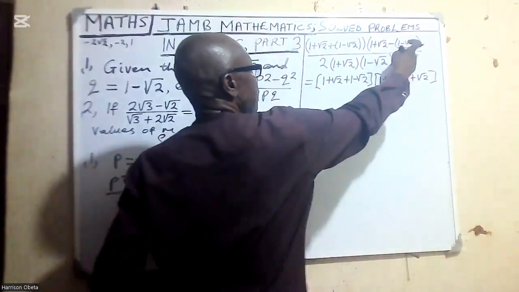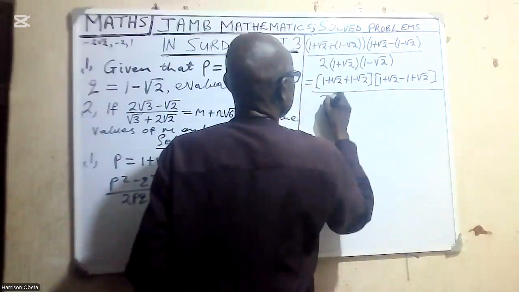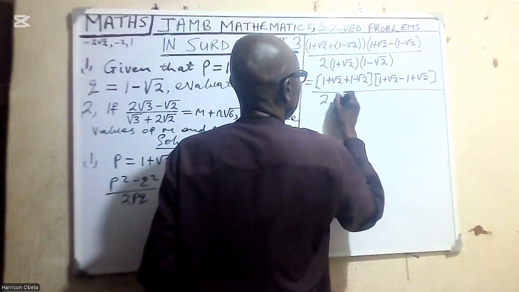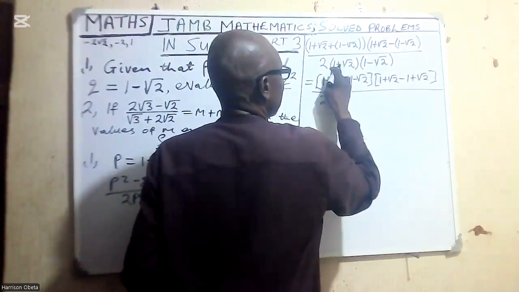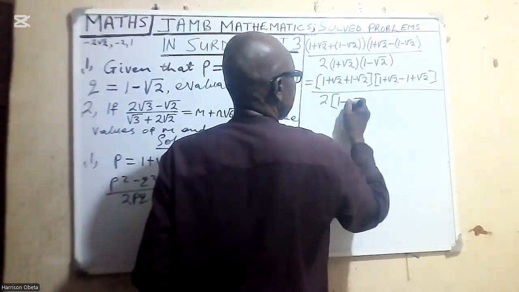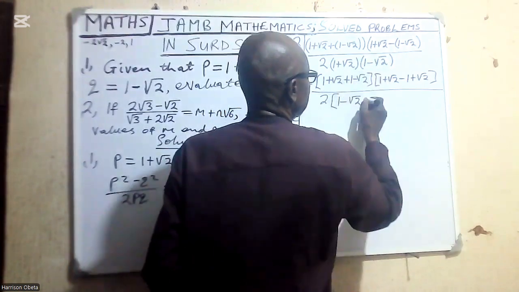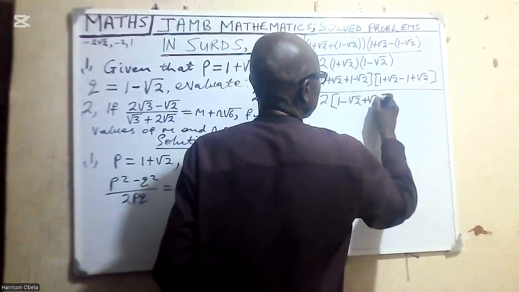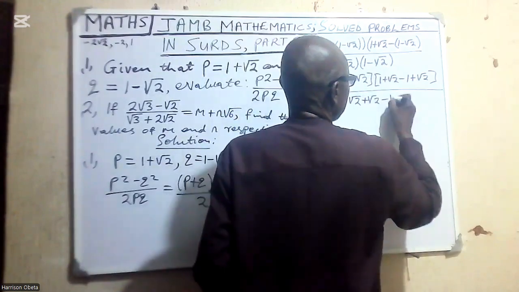This negative here will change this to plus. Everything over 2 into 1 times 1 is 1. 1 times minus root 2 is minus root 2. Root 2 times 1 is plus root 2. And root 2 times minus root 2 is minus root 4.